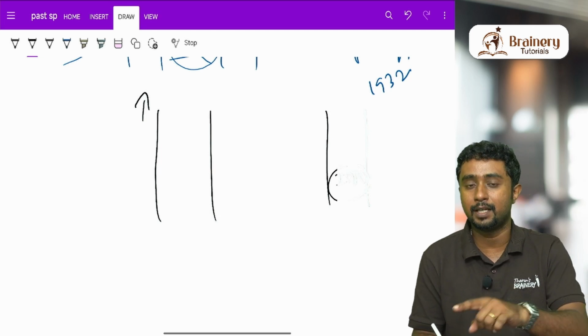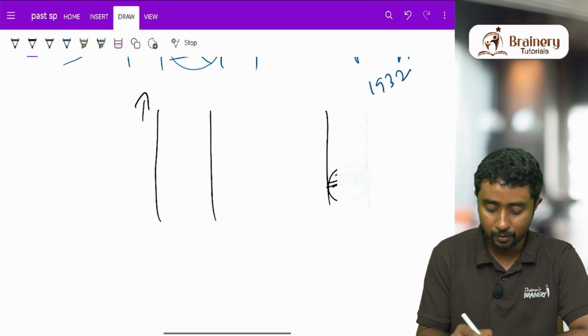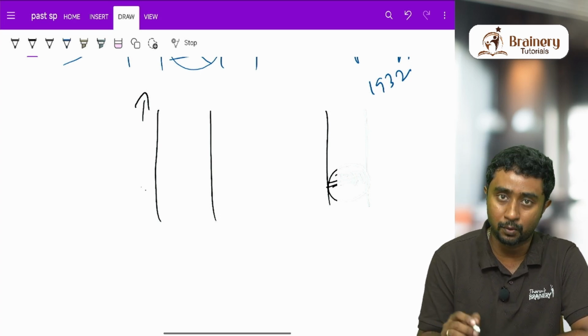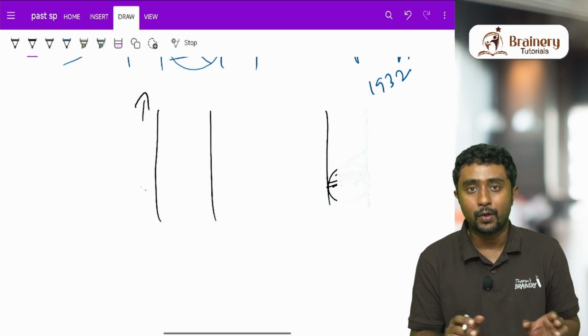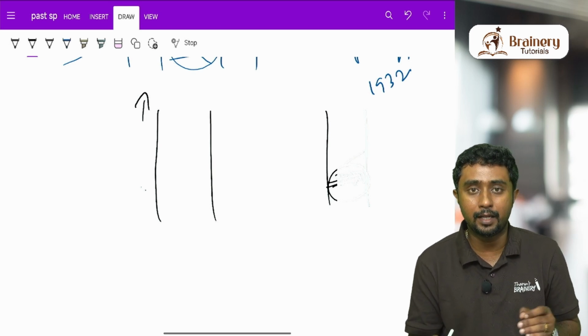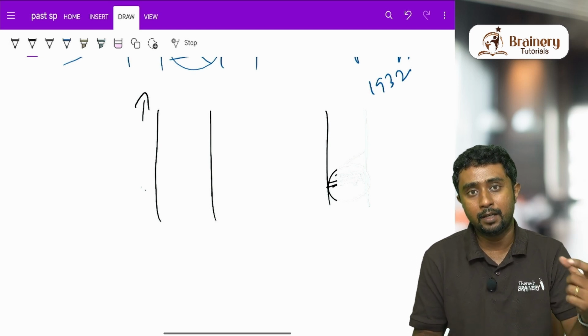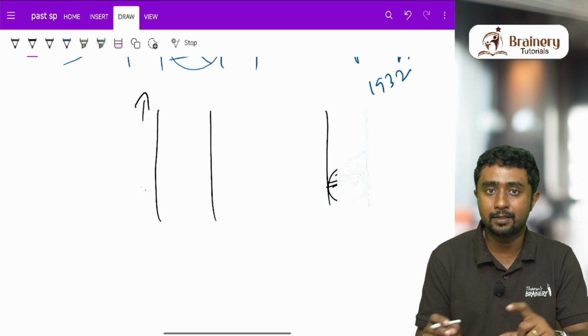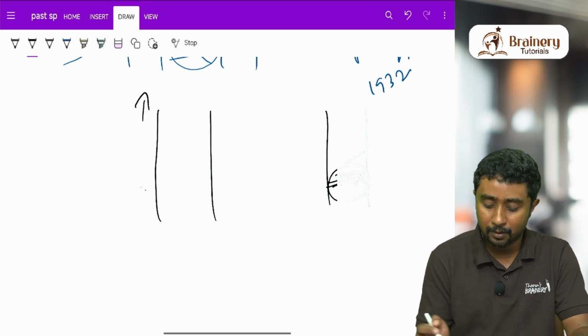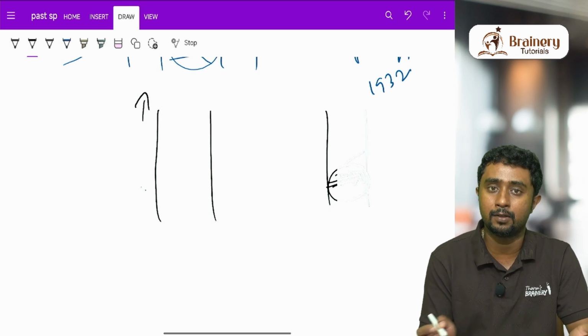Does that mean the credit side has 2500? No, this side is 2500 more, right? That is why we are writing 2500 on the credit side. What are we doing at the end of the profit and loss account? When you are totaling the debit side and the credit side, whichever side is less, depending on that side we will write net loss or net profit.